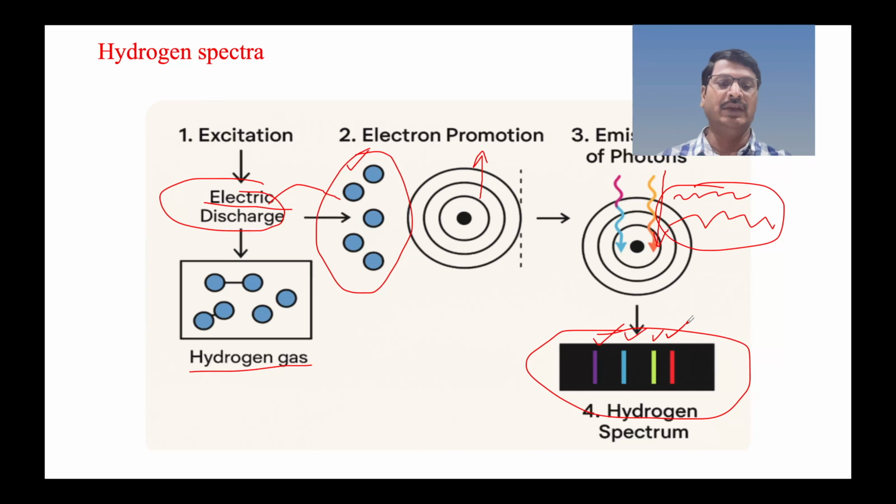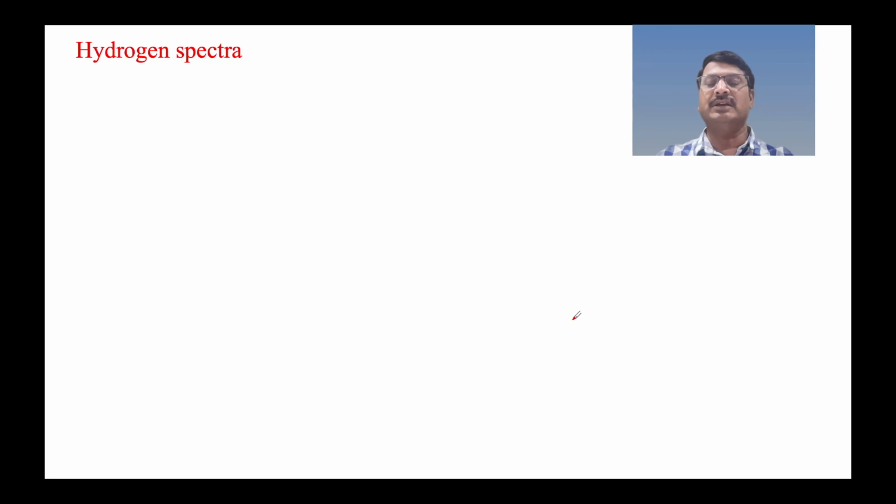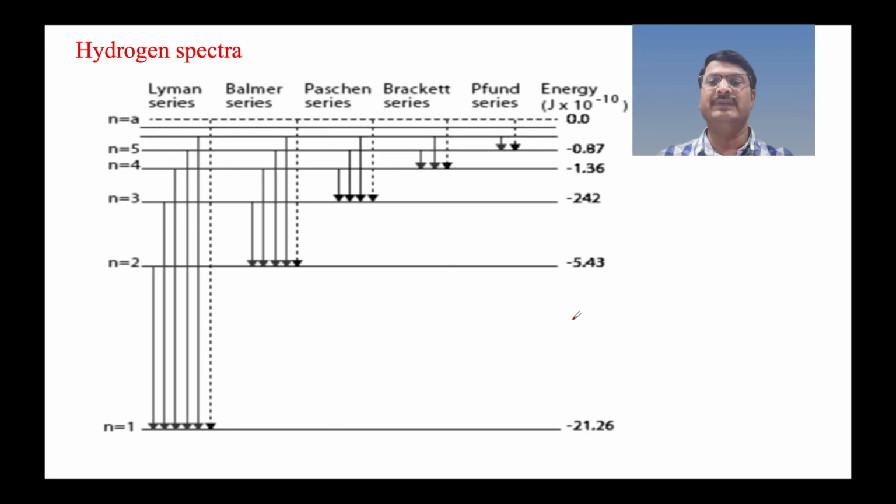The lights present on this photographic plate are called the hydrogen spectra. And when you come to this hydrogen spectra, it contains a total of 5 different series of lines. Those are the Lyman series, Balmer series, Paschen series, Brackett series, and Pfund series. Total 5 different series are present in the hydrogen spectra.